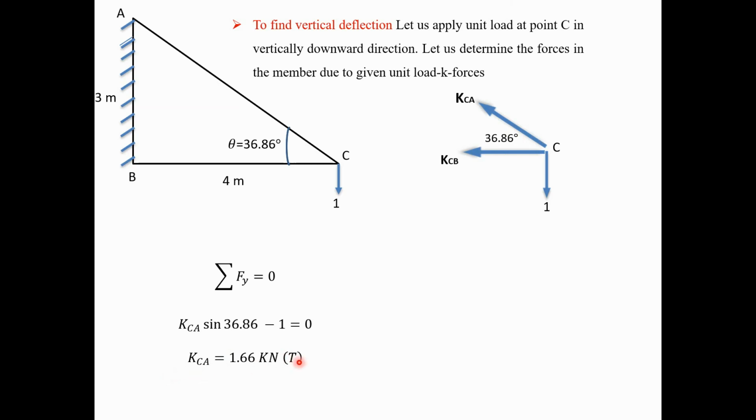So KCA is tensile. Then the second equation is summation of Fx is equal to 0. Then it will be equal to minus KCA cos 36.86 minus KCB is equal to 0. Then the value of KCB comes to be minus 1.333. Minus indicates that the nature for KCB is wrong. We assumed tensile nature, but we got a negative sign. So KCB is compressive.